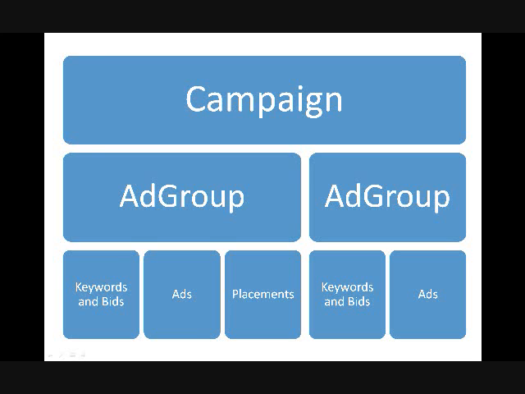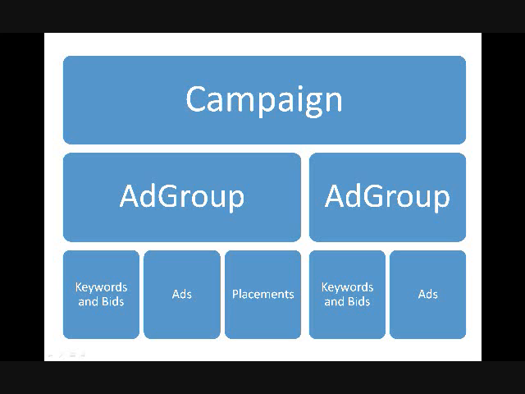And you'll see slight variations on the terminology and actually the implementation of this across the 3 main systems, but this is accurate in Google and pretty accurate for the way Yahoo works. Under an account, you can create 1 or more campaigns. Usually campaigns are focused on a pretty broad subject area. So you might have a campaign called computer training classes, or you might have a campaign called personal enrichment offerings.